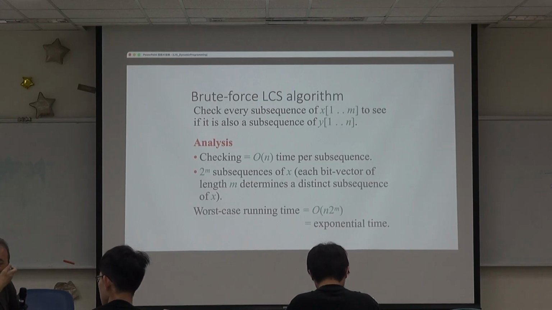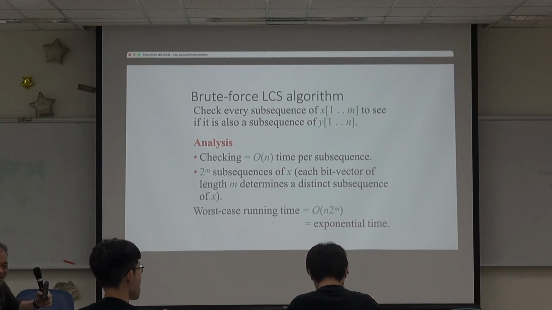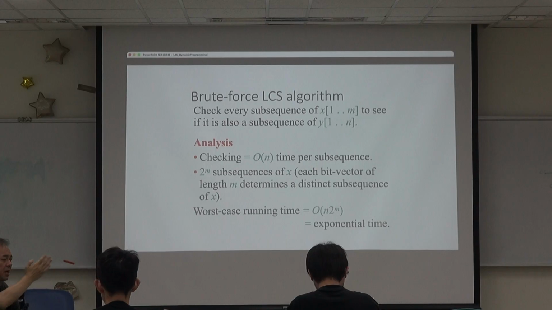So you can tell, if your sequence is of length n, for every element you can choose it to be in the subsequence or not. So it's 2 times 2, 2 times 2 times 2.